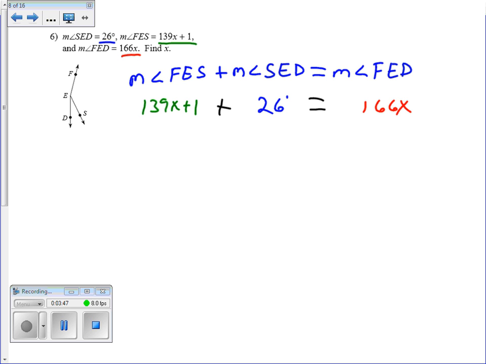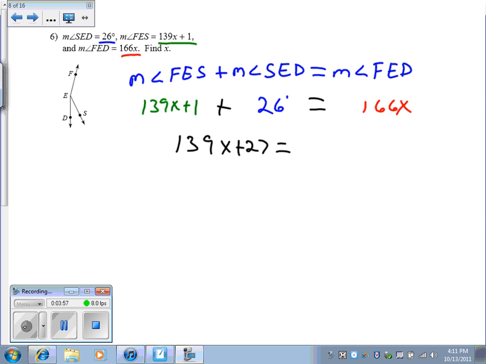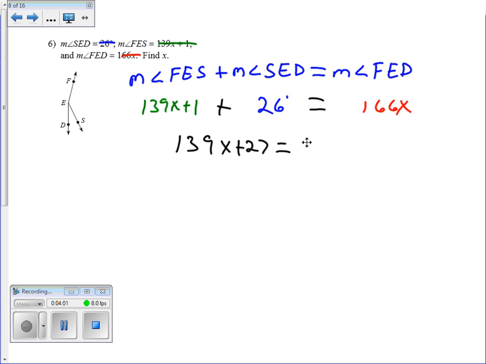And simplify the left, I get 139x plus 27 equals 166x. Subtract 139x from both sides.